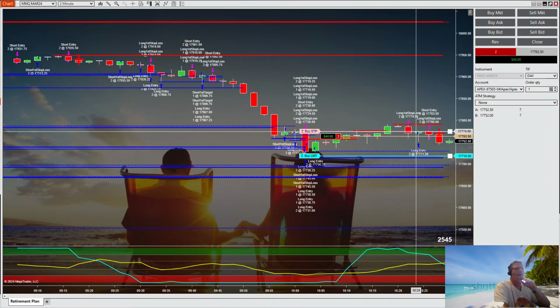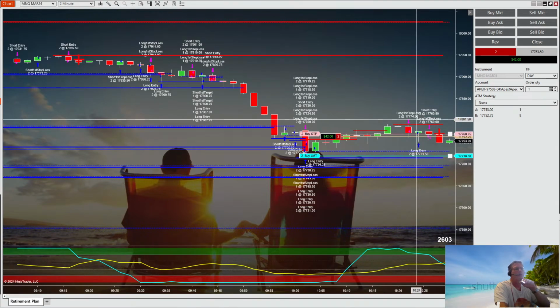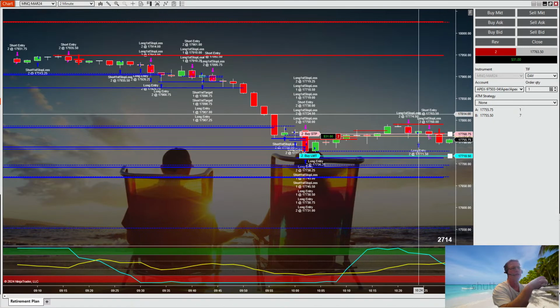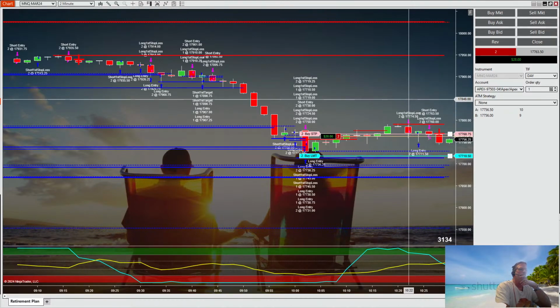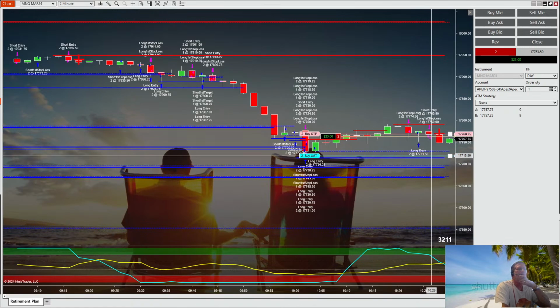But let me take the risk off of this trade. Order submitted. I'm going to break even there. I hate to lose money on this move. Still a lot of volume. You see almost 3,500 contracts a minute.